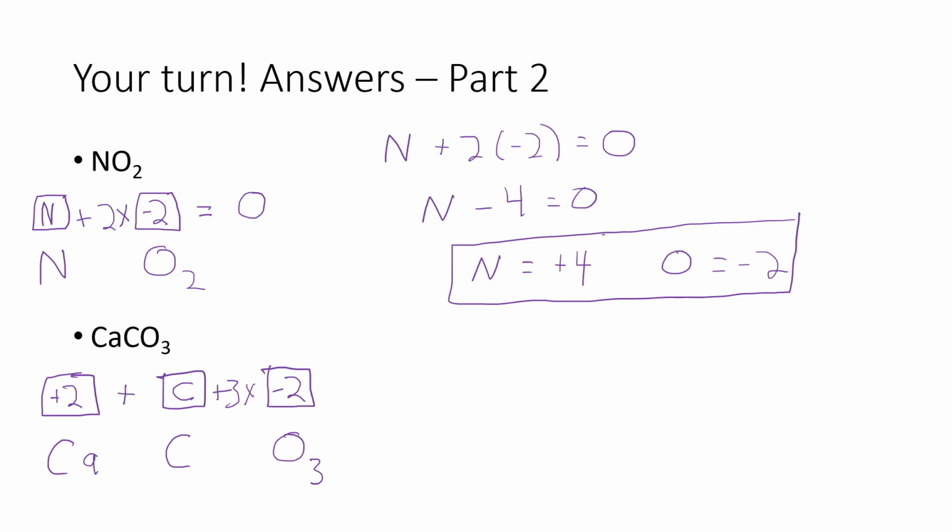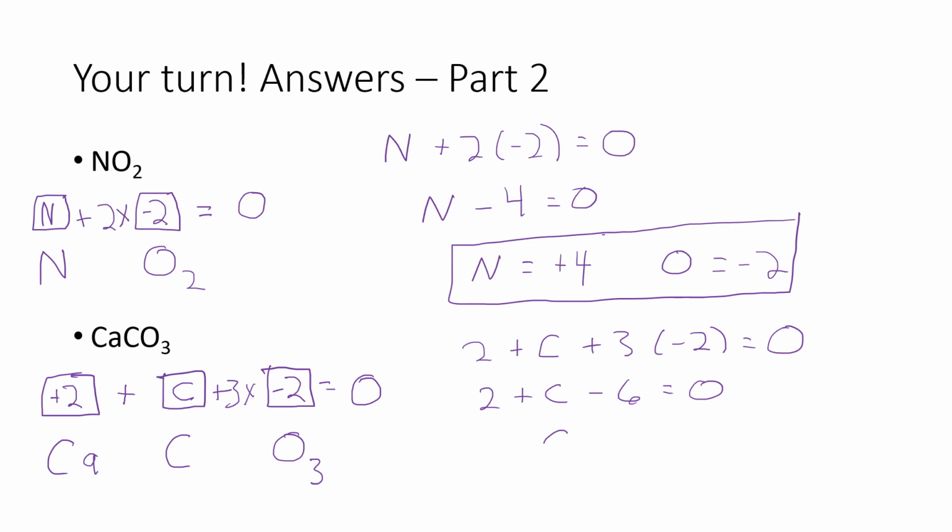If we add this up, we should get the charge on the species, which is 0 because it's a neutral compound. So cleaning that up a little bit, we're going to have 2 plus carbon plus 3 times a negative 2 is all equal to 0. So this is 2 plus carbon, and then 3 times minus 2 is a minus 6.